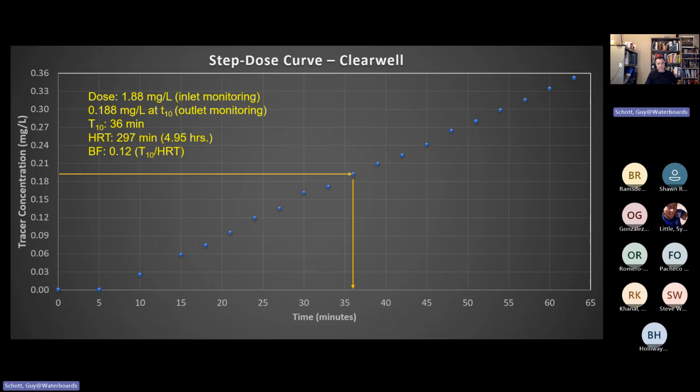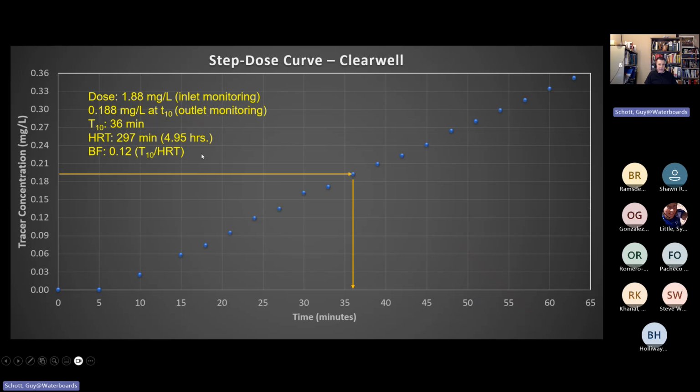The graph is going to look like this for the modified step dose curve. It's just going to be points going up. We're never going to hit steady state because we're shutting off. We're doing a study that's less than 1 hydraulic residence time. For this one, the hydraulic residence time was almost 5 hours, and we completed the test in just a little over an hour.